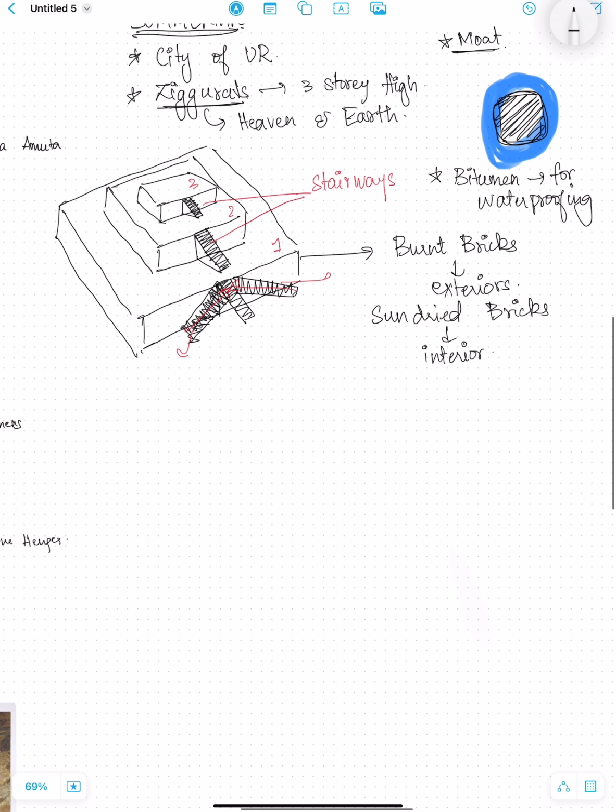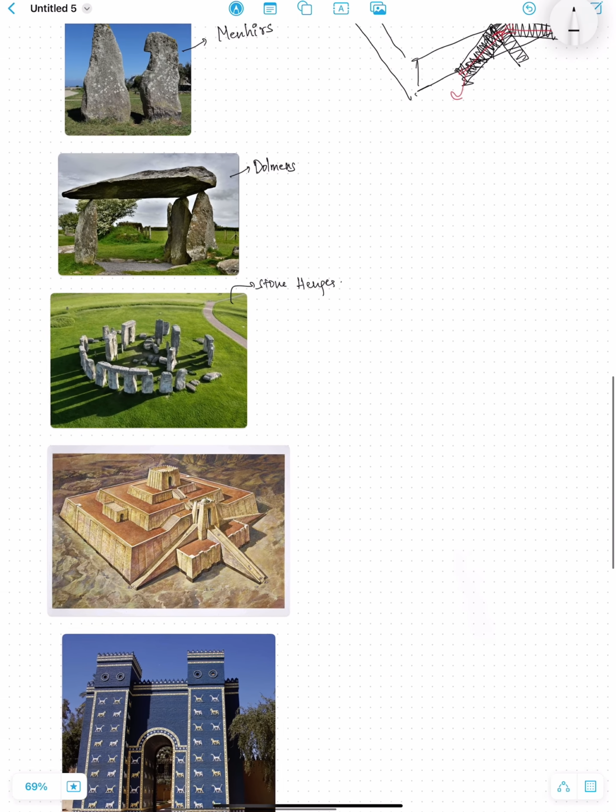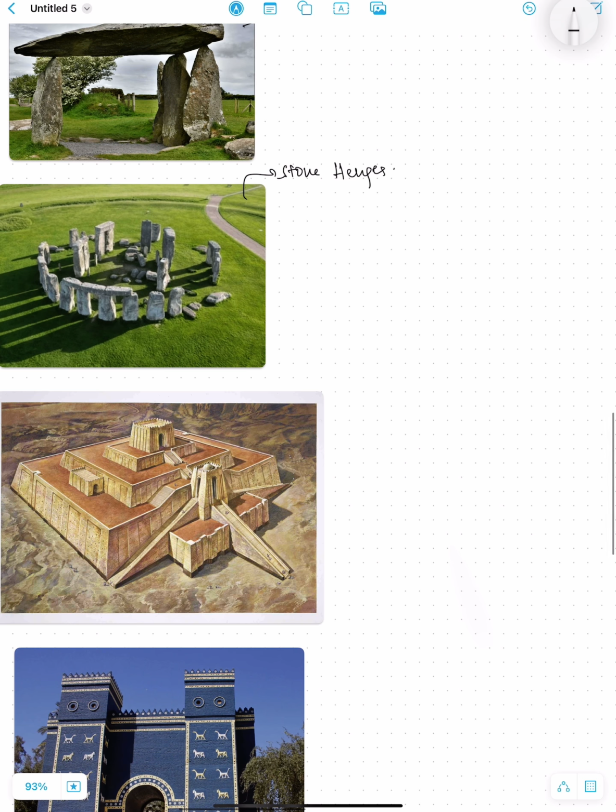Next, before moving on to Babylon, this is an example of ziggurat. You can see in the ground floor alone they had stairways in all the 3 direction, and from there it was just 2, and it was generally 3-story high.